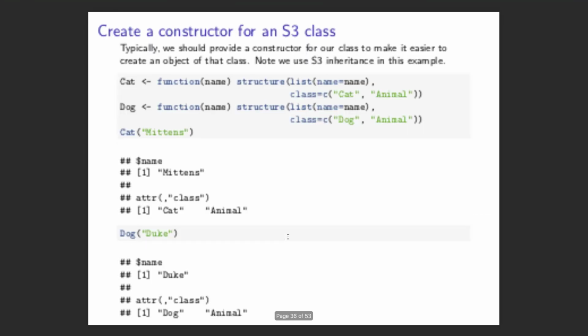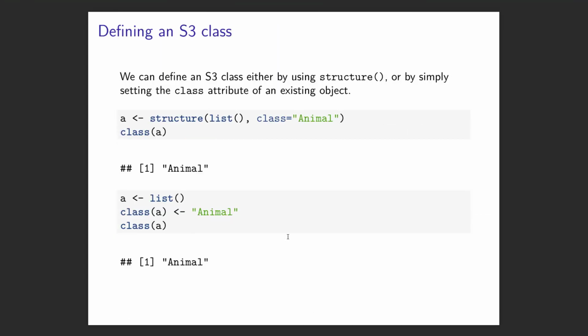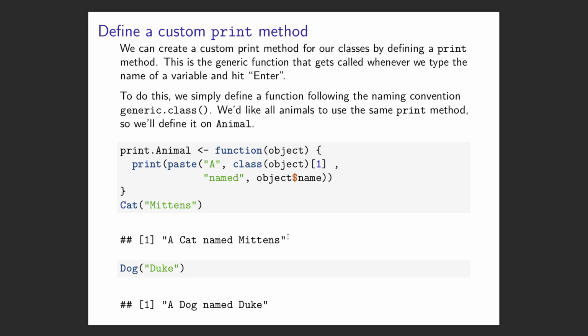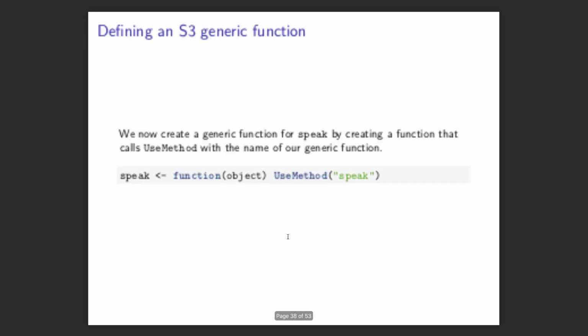So in summary, for an S3 class, all we really need to do is set this class attribute somehow. We created constructors for our cat and dog class that properly set this class attribute along with whatever things we happen to need. In this case, we just have the name of the particular pet or animal. We created a print method.